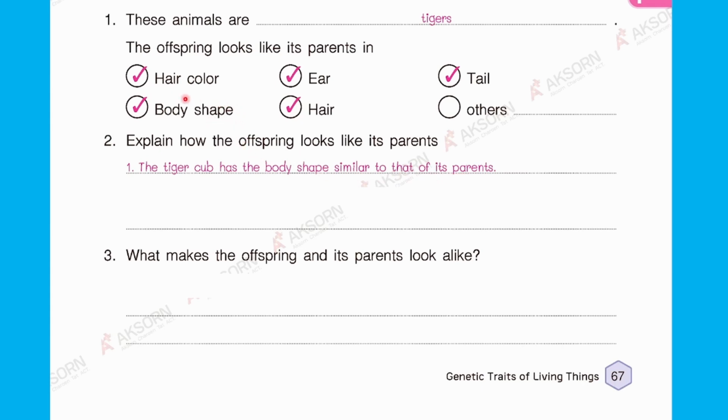Okay, so body shape. Let's write another one. 2. The tiger cub has the same skin pattern and fur color as its parents.